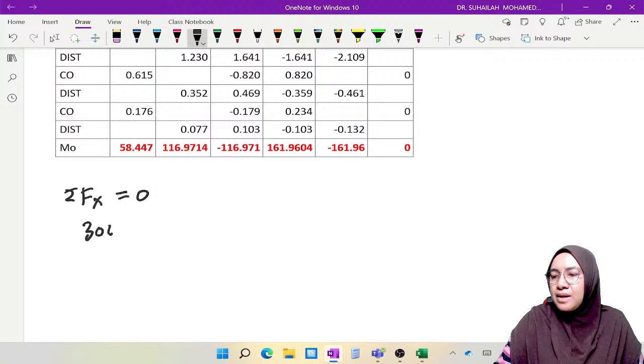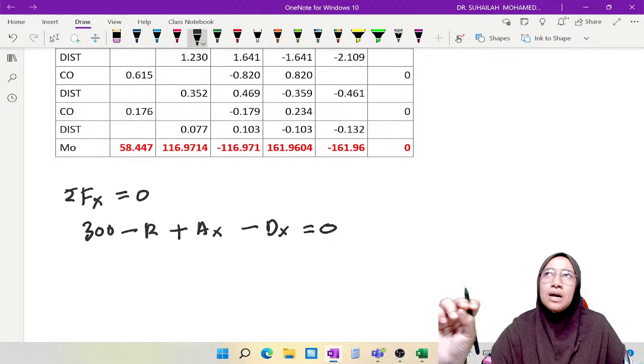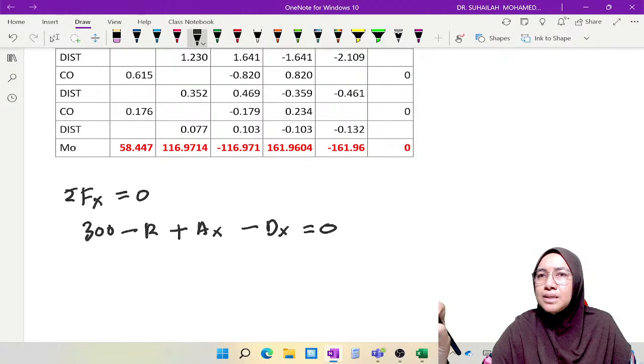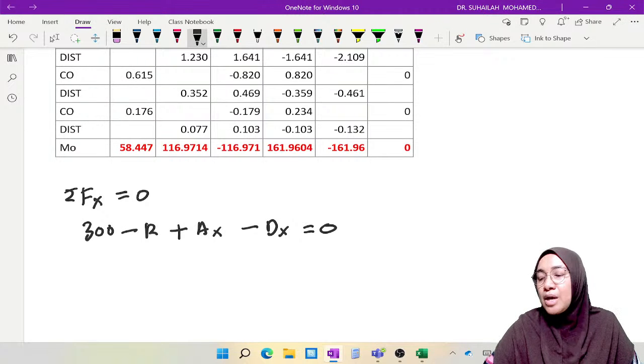The plus AX and minus DX depend on the direction that we put in the diagram. So 300 minus R plus AX minus DX equal to 0.